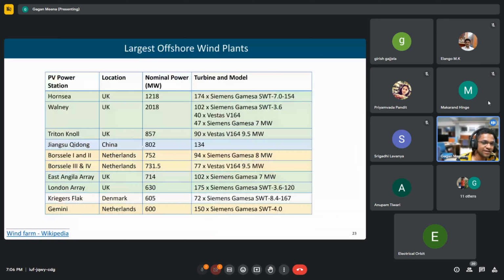Because of steady wind speed and very high wind speeds, the power output we can get from an offshore wind turbine is also high.